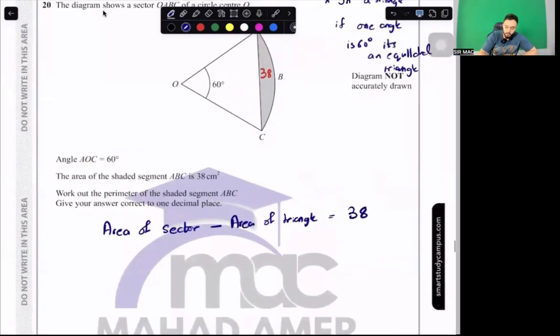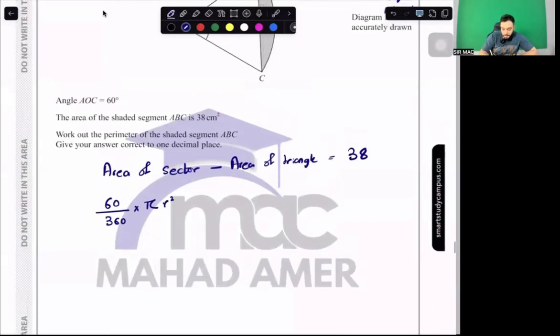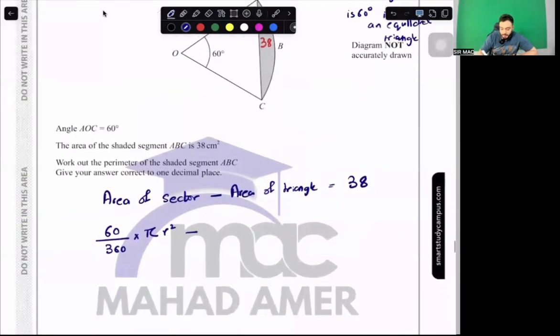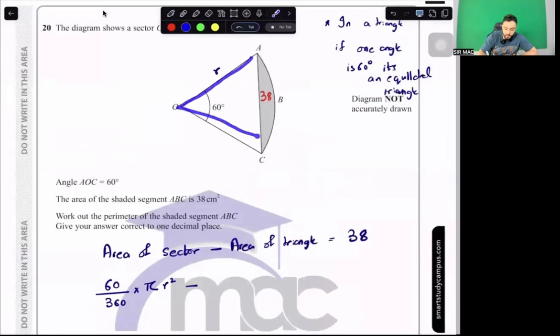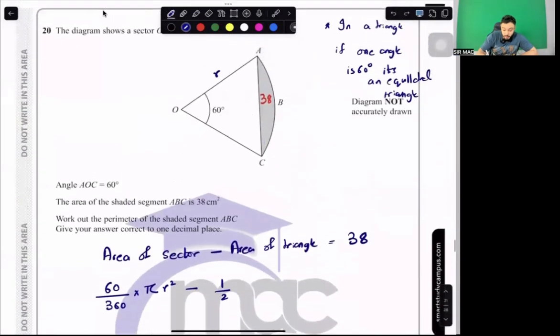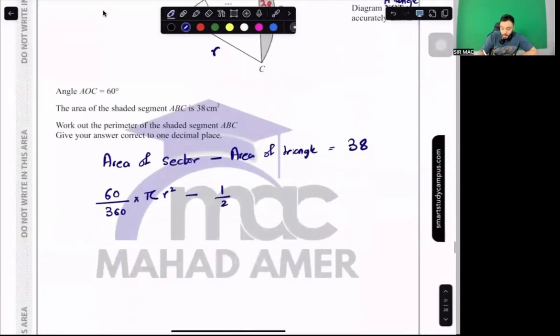The area of the sector is going to be angle over 360, so theta over 360 times pi r squared, and the radius is unknown, minus the area of the triangle. For this triangle, I'm using the formula half times two sides, and since both sides are the radius, it's half times r squared times sine of the angle.